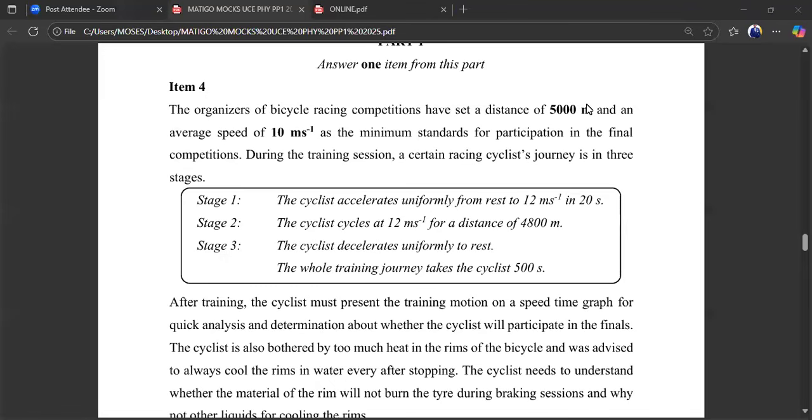All those fall under what? Under heat. Then mechanics. We have topics like linear motion, work, energy, and power, turning effect of forces, and machines. All that work is under this section, part 1 of section B.